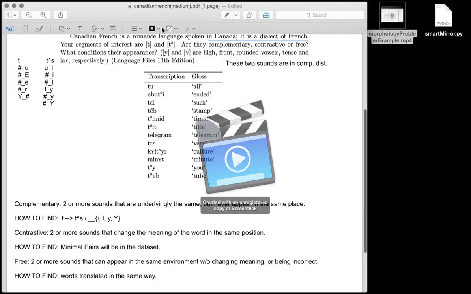So I'll just write it in the IPA up here. There's no reason why you couldn't have a word like this in the data set. Obviously, this rule doesn't require that everything before an E is a cha. It just means that there can't be any T's before those vowels. Okay? And so that would be how you go through a phonology problem.